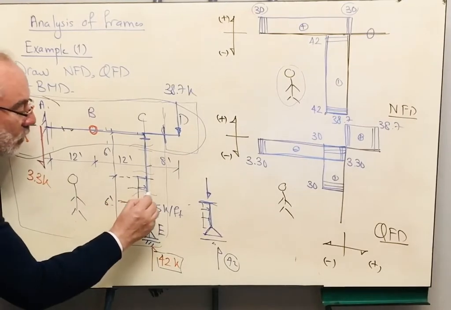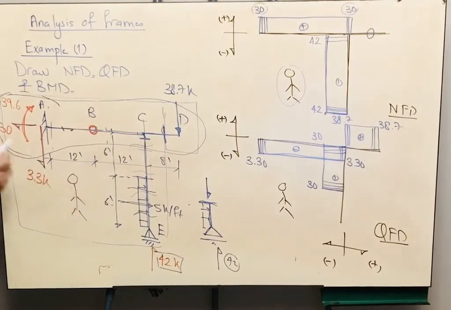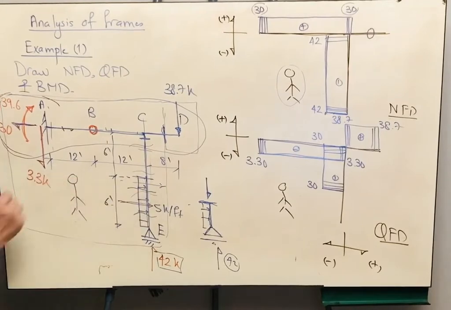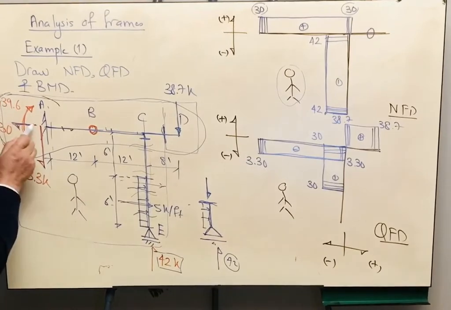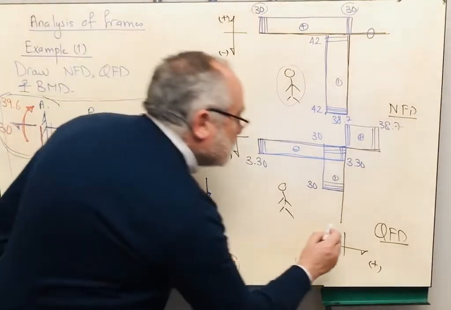So when you are taking a section here and you are counting all of the forces on your left, this is on your left hand side and downward, and this force is on your left hand side and upward. So it is causing positive shear. Till you reach this point, you will find that the 30 will balance with the 30, so we will reach here 0.